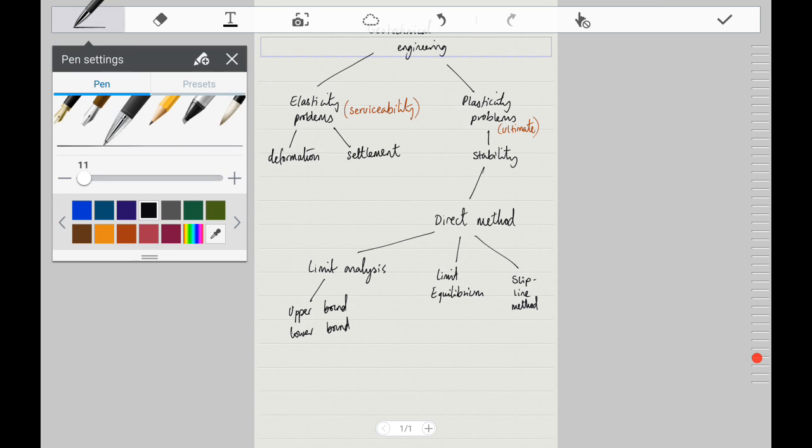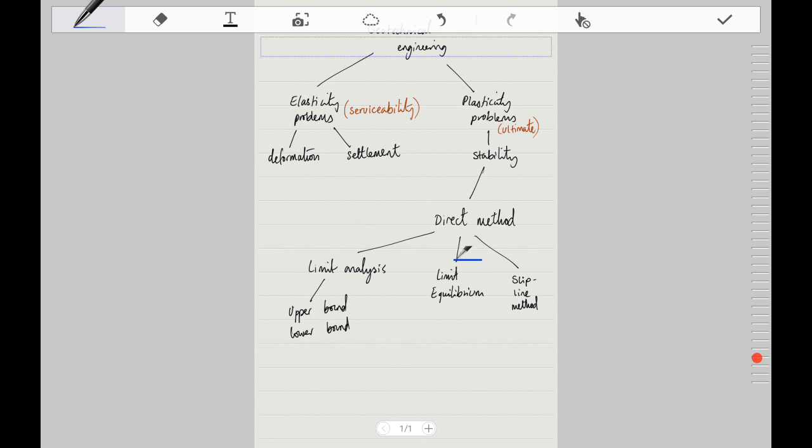In terms of which one is most commonly used, that would be limit equilibrium. That's most commonly used in geotechnical engineering. So if you are going for plasticity problems, you're usually using limit equilibrium. So that's the first one; that's the first problems we'll look at.